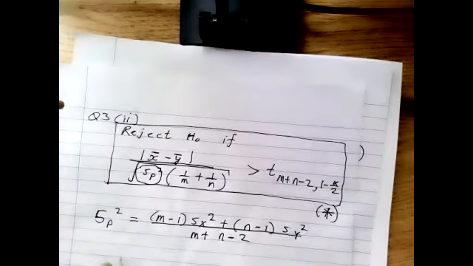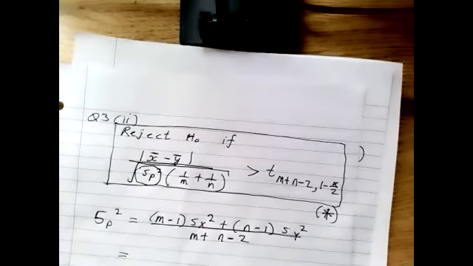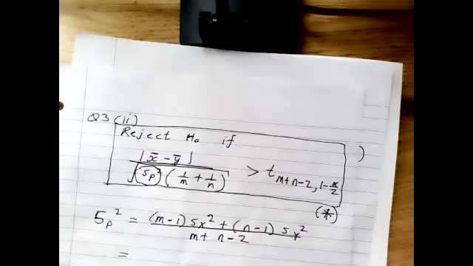Okay, and this is equal to... M is what? Let me try to recall, what was M? Here we are. Okay, M was 33.